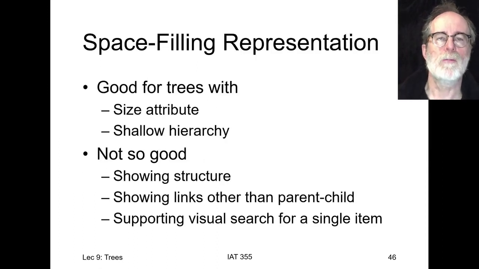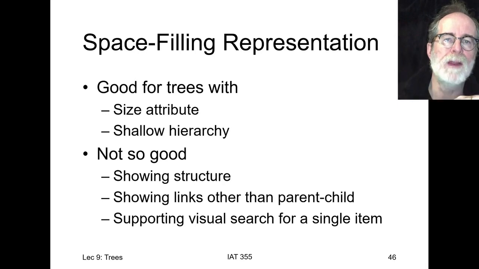So that wraps up, finally, space-filling representation. It's good for trees with a size attribute and a shallow hierarchy. It also makes sense to do zooming if you have a deep hierarchy, but if you do a lot of zooming, you run the risk of being way down in some great-grandchild node and not knowing where you are, not knowing the relationship to the parent node.